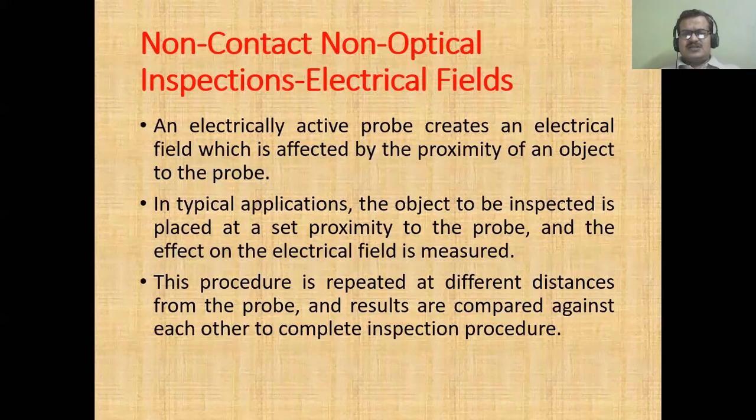In typical applications, the object to be inspected is placed at a set proximity to the probe, and the effect on the electrical field is measured. This procedure is repeated at different distances from the probe, and results are compared against each other to complete the inspection procedure. The calibration of that electrical field is already fed into the instrument, and you get your desired feature directly.